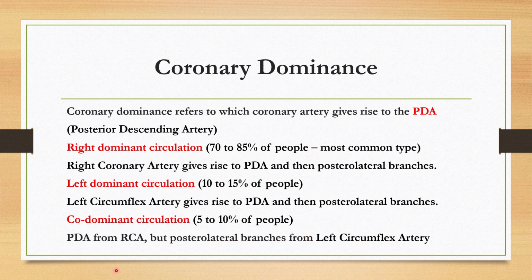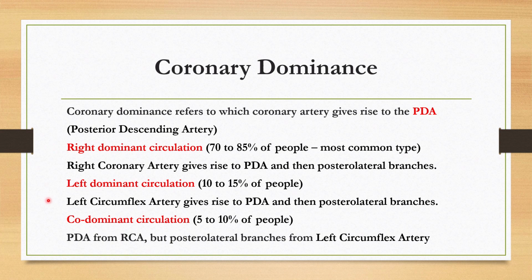Before moving on to the left coronary artery, let's talk about coronary dominance. Coronary dominance refers to which coronary artery gives rise to the posterior descending artery, or PDA. If the PDA arises from the right coronary artery, then we call it right dominant circulation.